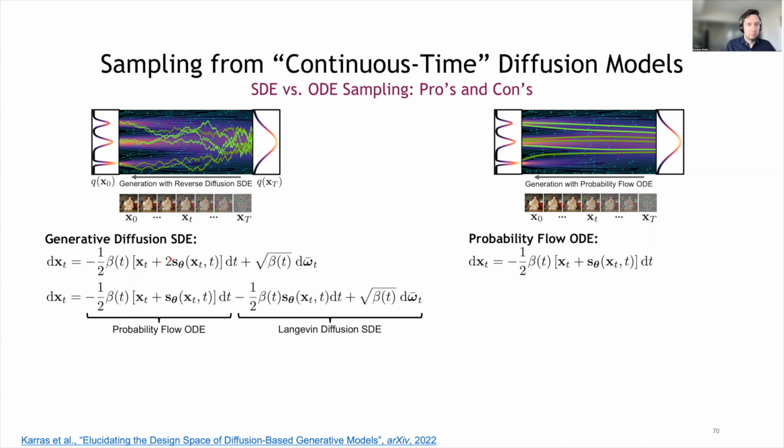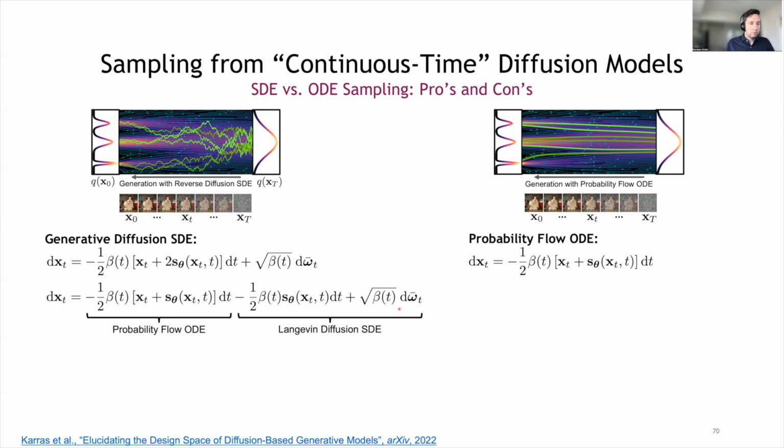It turns out the first term is really just the probability flow ODE that we have seen already, which itself can be used for deterministic data generation, like here on the right. But then there is this additional term, this Langevin diffusion SDE term, which basically corresponds to the noise injection.